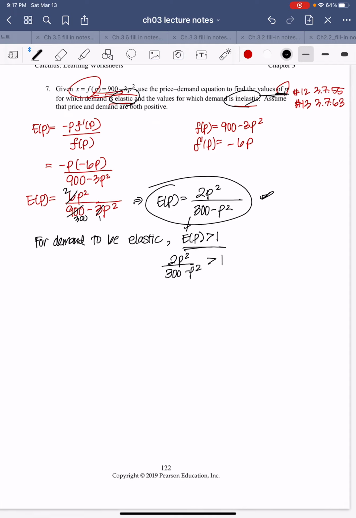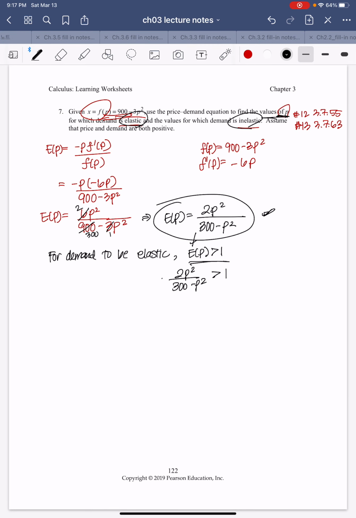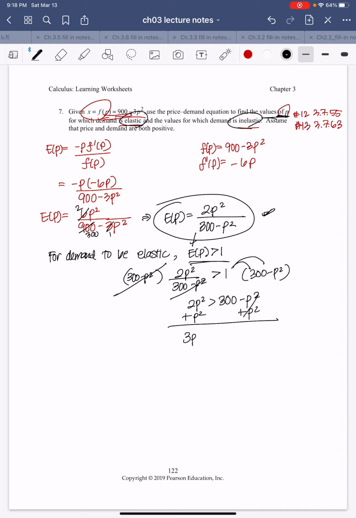So I'm going to multiply each side by 300 minus p squared so that my denominator disappears. 2p squared is greater than 300 minus p squared. Let's combine all the p's. So p squared and p squared, I have 3p squared greater than 300, divided by 3. P squared is greater than 100.